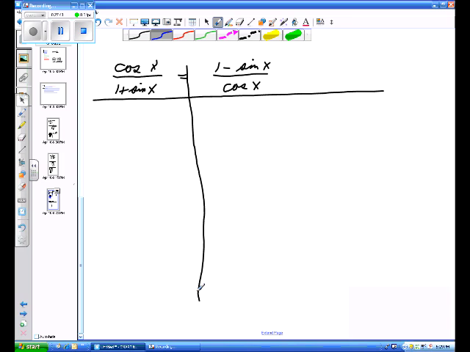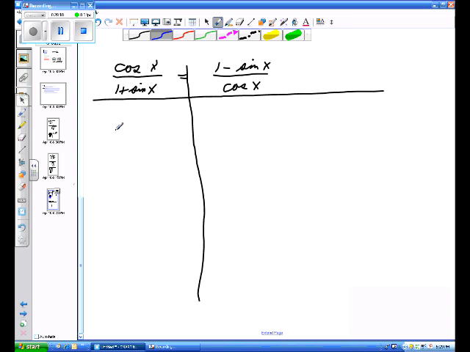So in deciding which side to work with, we could work with either, but I would probably work with the left-hand side, because having that addition problem in the denominator is more complicated than just having cosine. We could actually break this apart and have 1 over cosine minus sine over cosine, and that would come up with an answer, but it's not the one we're seeking. So I would work with this side.